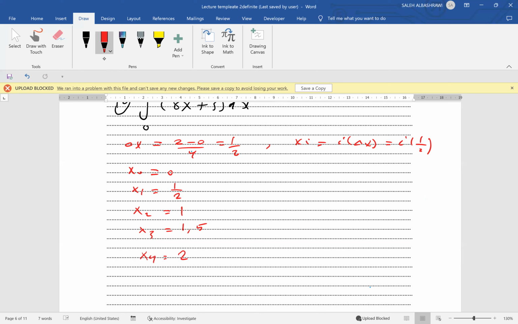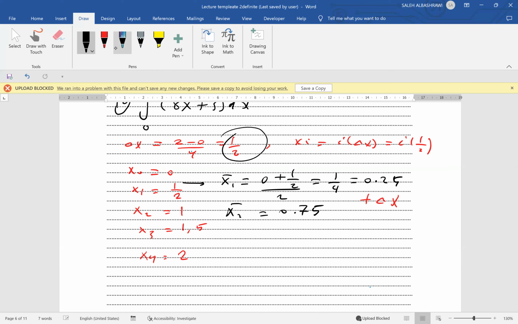Now we need to find the first midpoint. x1 bar is equal to 0 plus 1/2 divided by 2, which is 1/4, or 0.25. Then just add 1 delta x each time. Delta x is equal to 1/2 or 0.5.